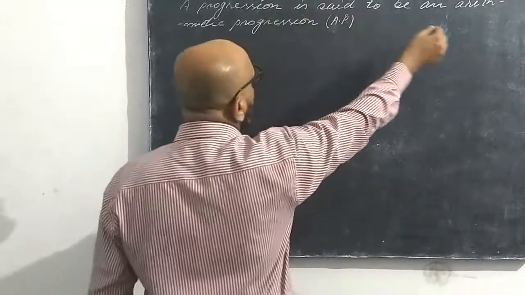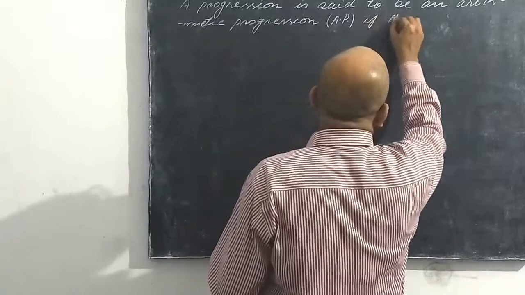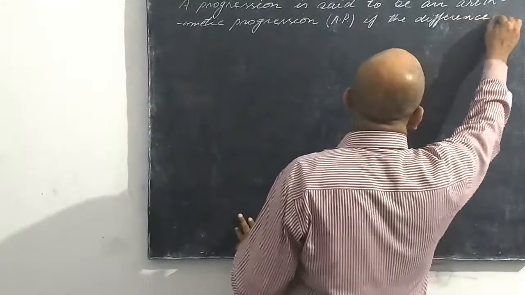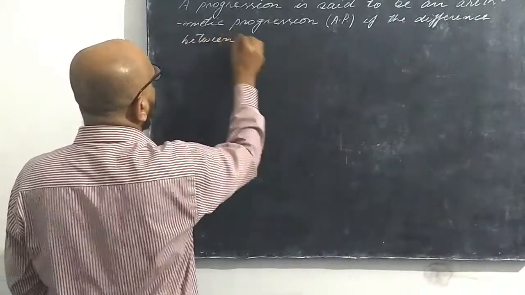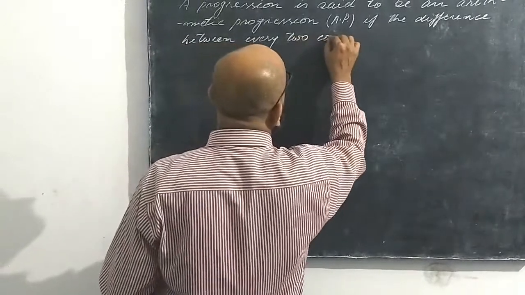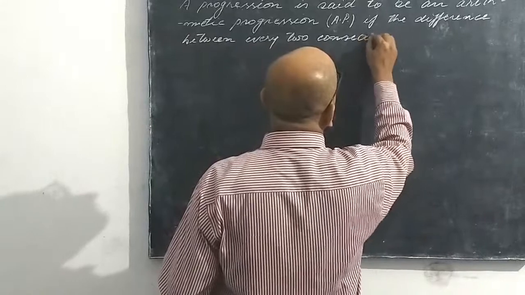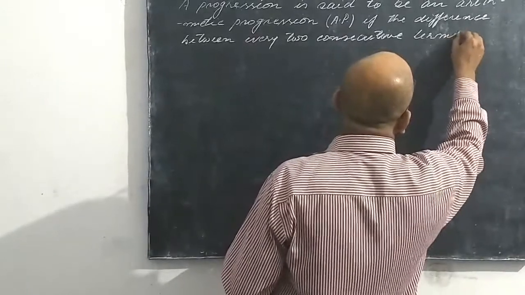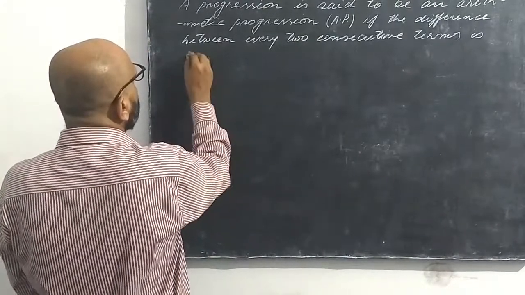A progression is said to be an arithmetic progression if the difference between every two consecutive terms is constant.